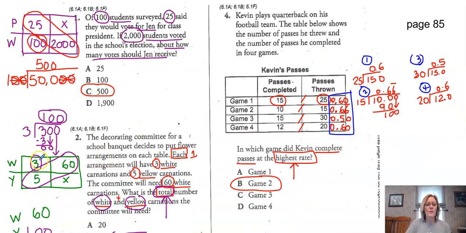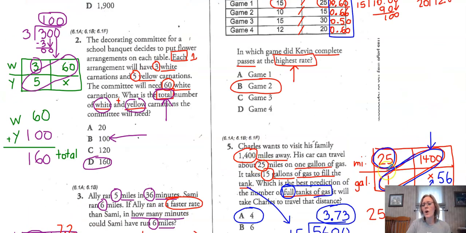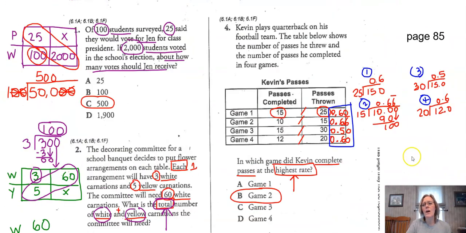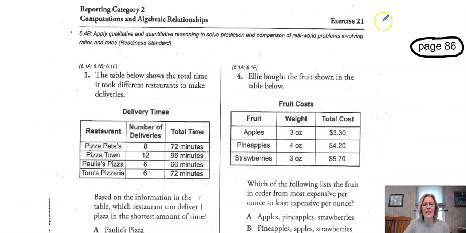Same way, we've set these up in that type of box. Even this one could have been set up in that box, only it was a little easier to work with, so we didn't. But we could have.